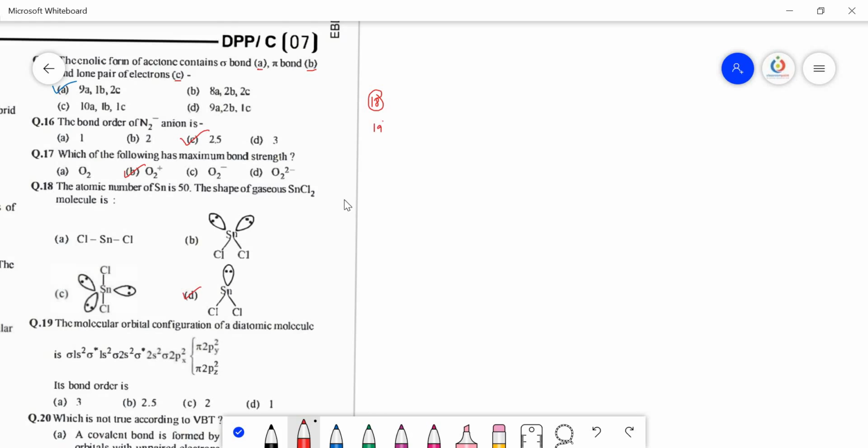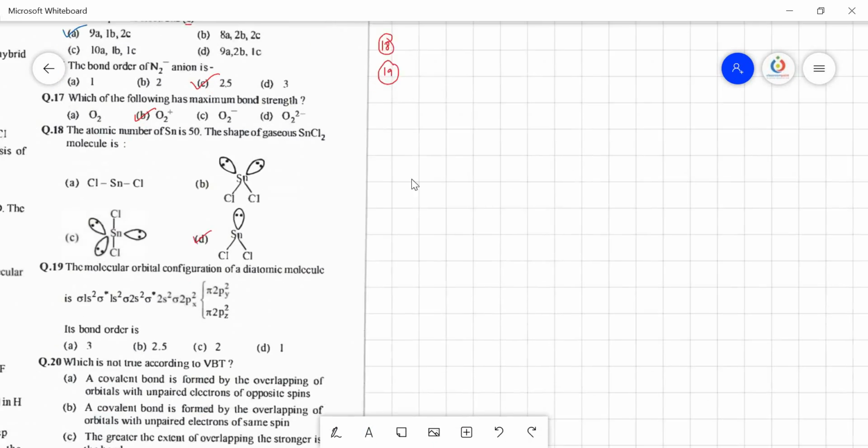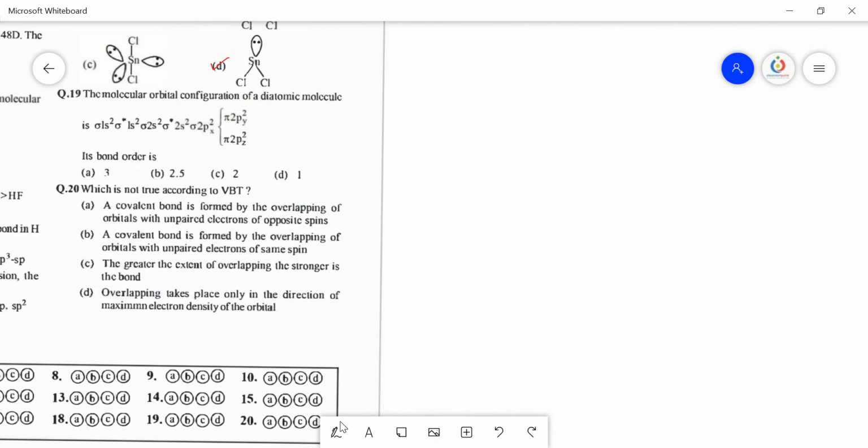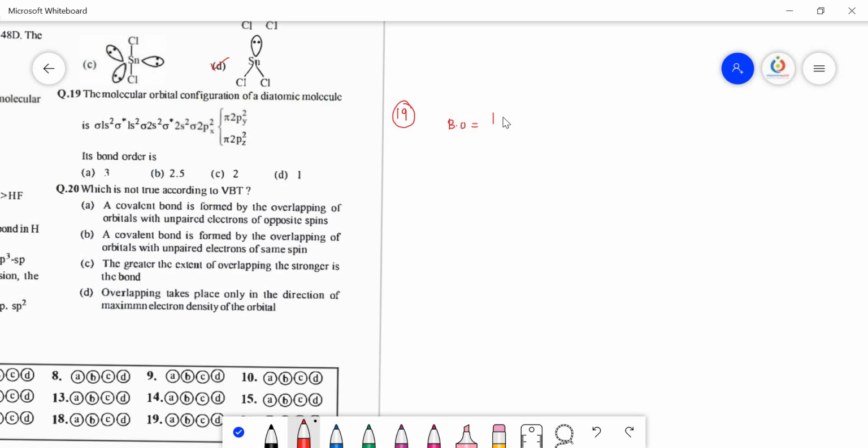Now let us see question number 19. I will move this page upward. The molecular orbital configuration of a diatomic molecule is given, and they are asking the bond order. It is very simple: number of bonding electrons minus number of anti-bonding electrons divided by 2.